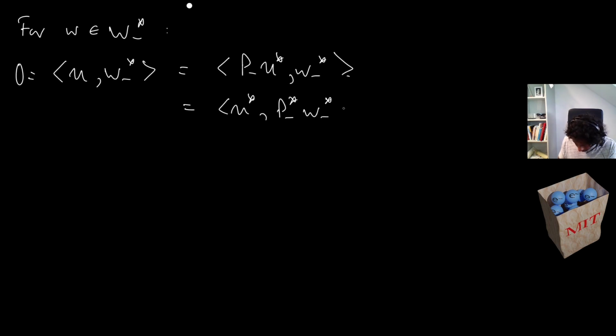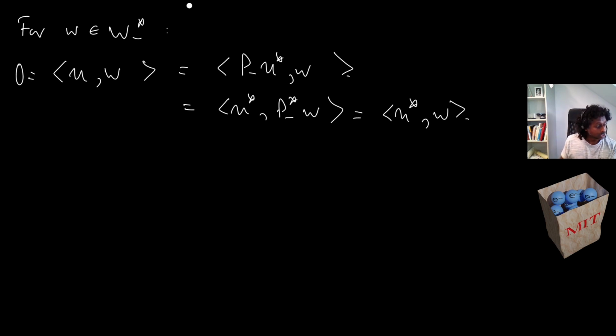So the U is equal to P minus of U star, W minus star. But then as we did before, we pull this across W minus star. Sorry, I don't know why I wrote W minus star here. I'll just write W. And of course, W is in a subspace of the P minus star, so it keeps it fixed.